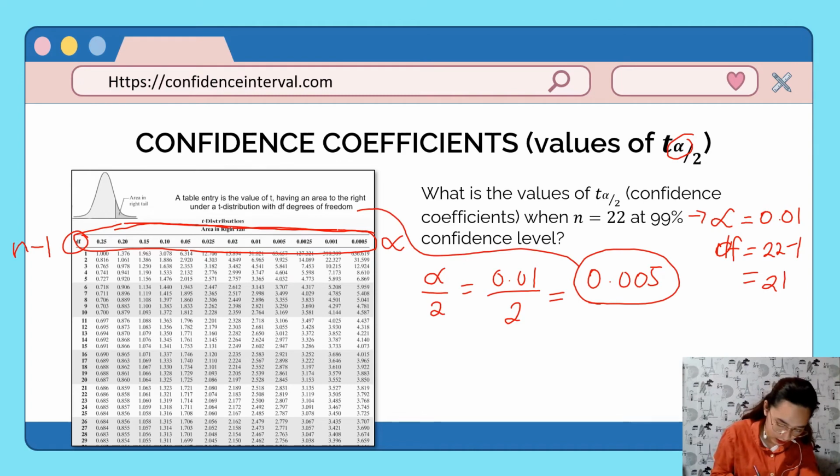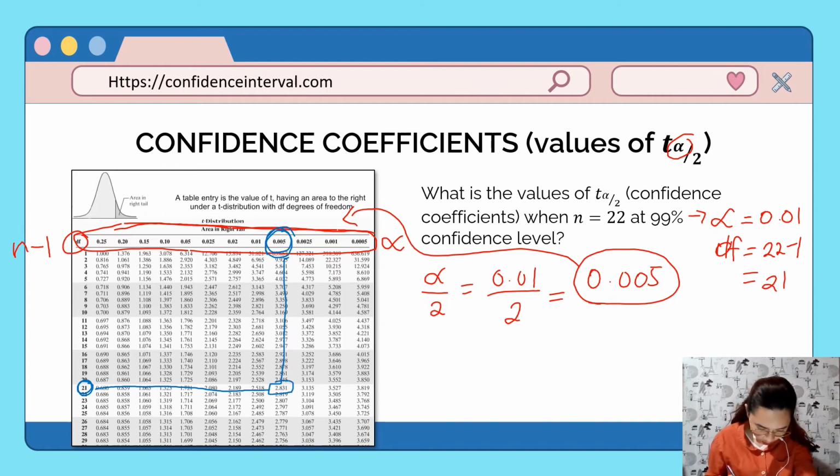Hahanapin na ngayon natin dito sa ating t-table. So, sa t-table, ang 0.005 natin ay ito. At ang degree of freedom natin 21 ay ito. So, kukunin lang po natin yung intersection. Ayan na po siya. So, ang intersection niya po is 2.831.